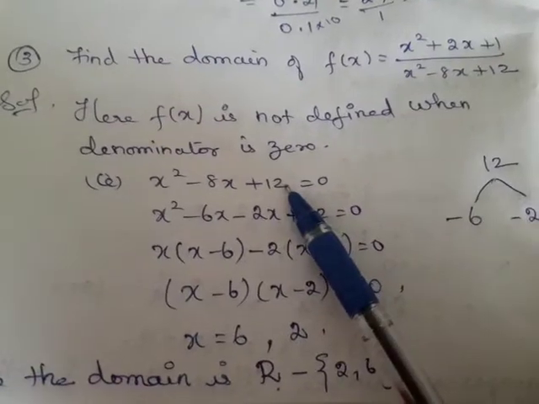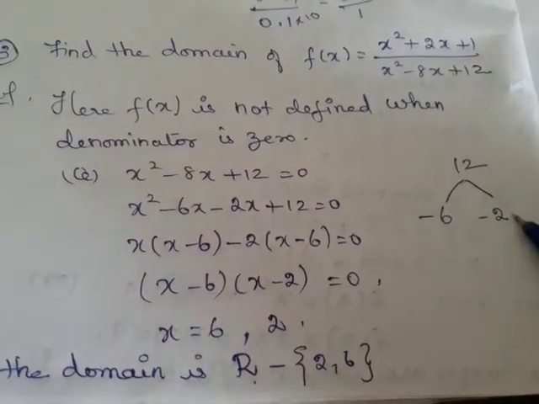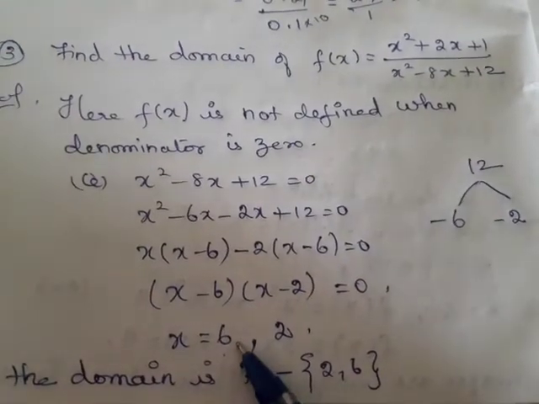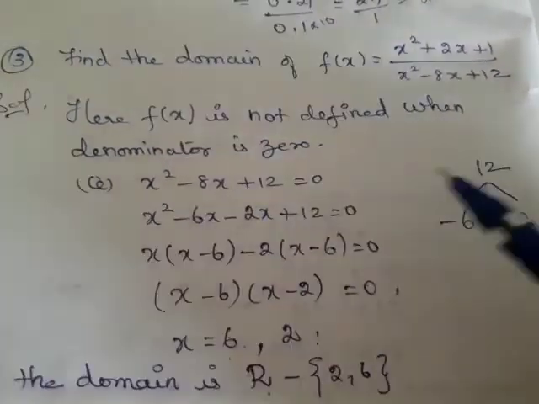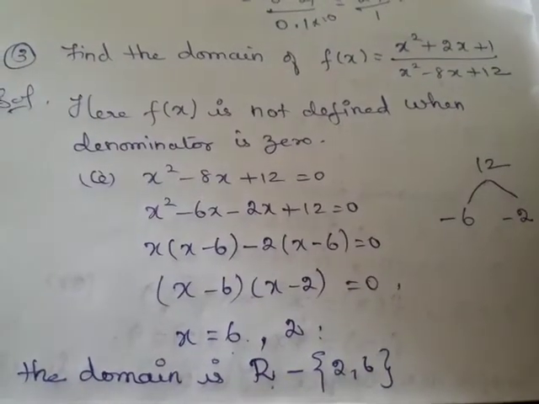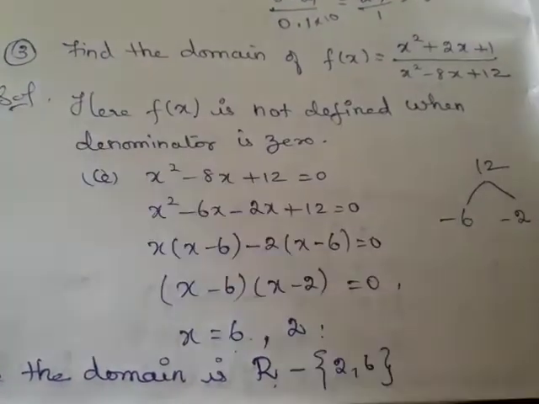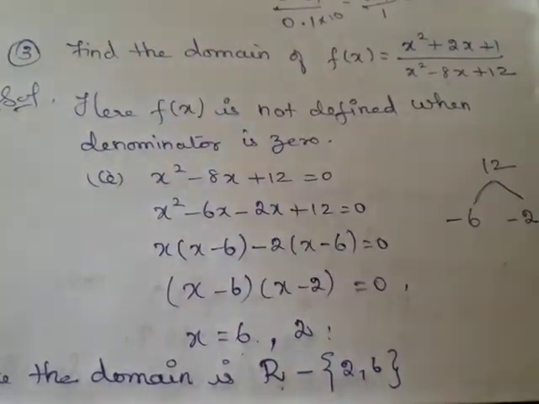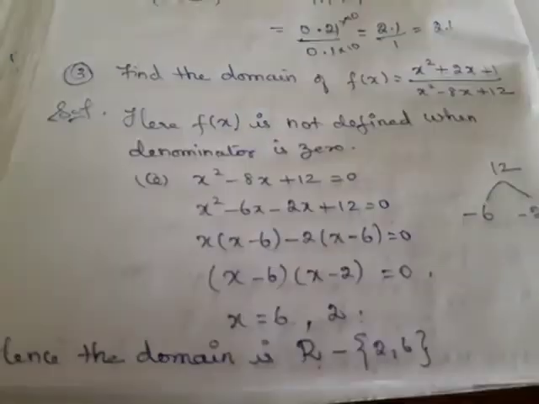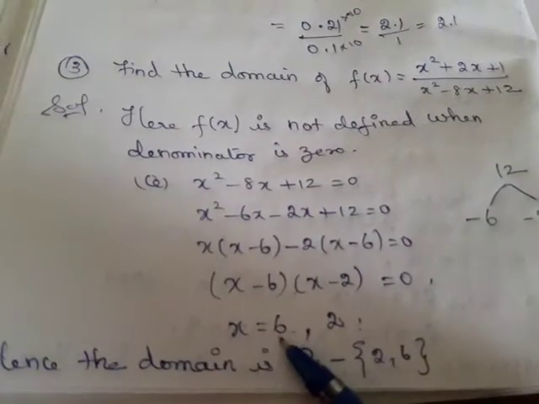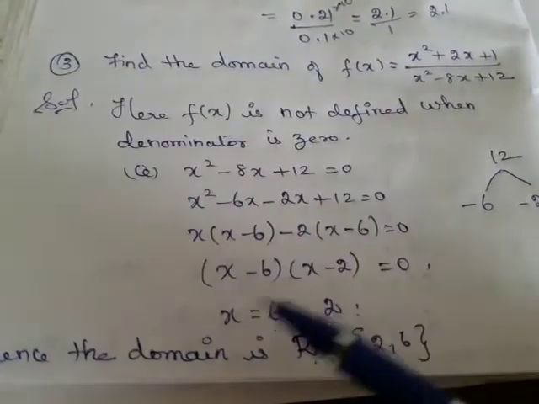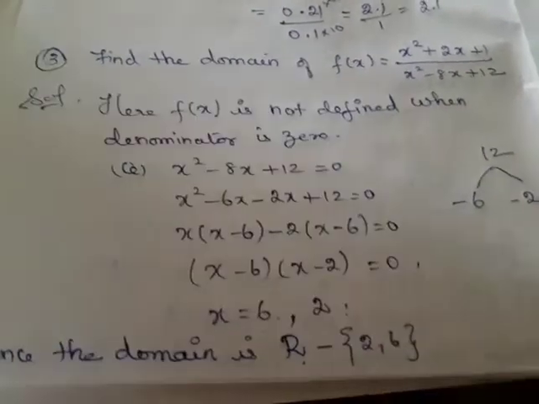If we equate the quadratic polynomial to 0, we know how to find the two roots, right? So we found that at x equals 6 and 2, the polynomial becomes 0. So at those points alone the function is not defined, but in the entire real number system the function is defined, because only at those points the denominator becomes 0, right? So in the entire real number system, only at the two points 2 and 6 the function is not defined.